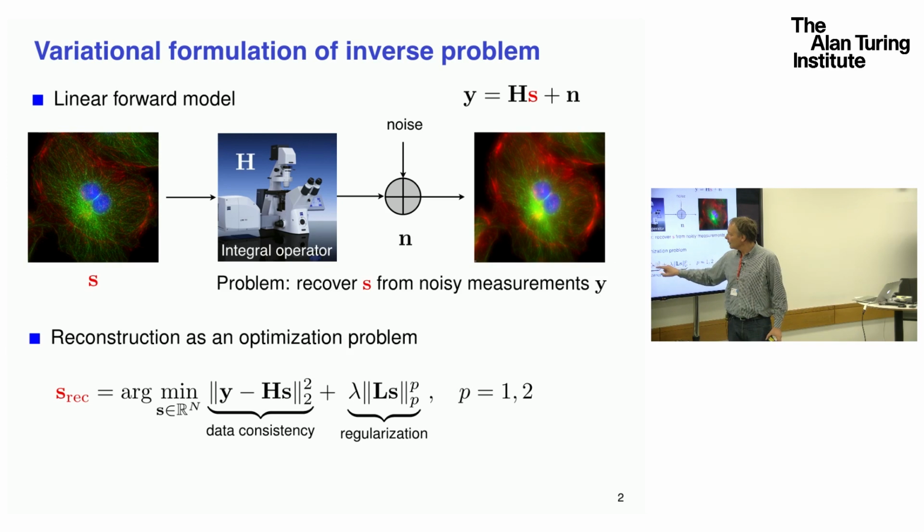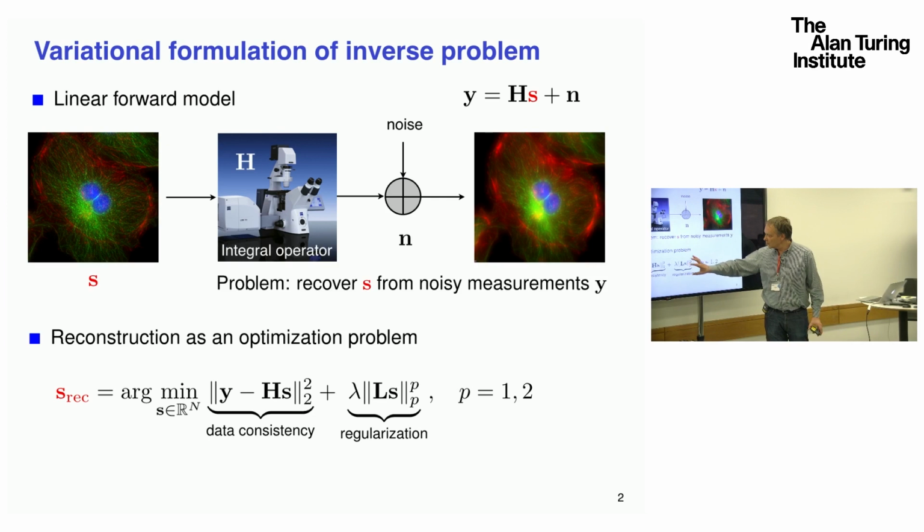So you're trying to recover S: if you simulate the MRI process on S, you get simulated measurements that should fit the true measurements. And then you put here some regularization. This regularization will impose some constraint on the solution, and that's actually what my talk is about.